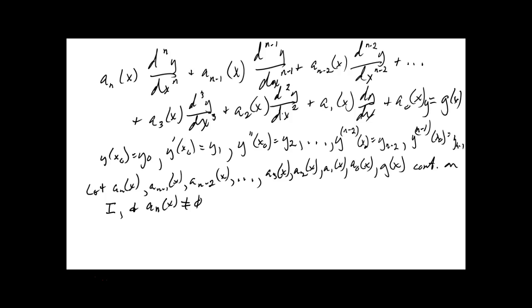Any of the rest of them can be. The g can be 0. Otherwise, it's not an nth order differential equation. And that's for every x in this interval. a sub n of x cannot be equal to 0 for every x in the interval.